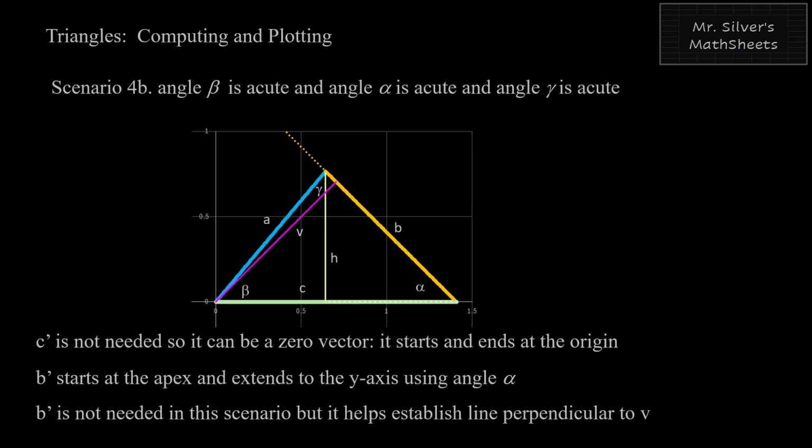There's no ambiguity there, but I still think it looks better to extend B because it helps the eye see the perpendicularity in this case. But that's a judgment call. You could say, oh, I don't really want it there in this scenario. But then you would have to program it differently.